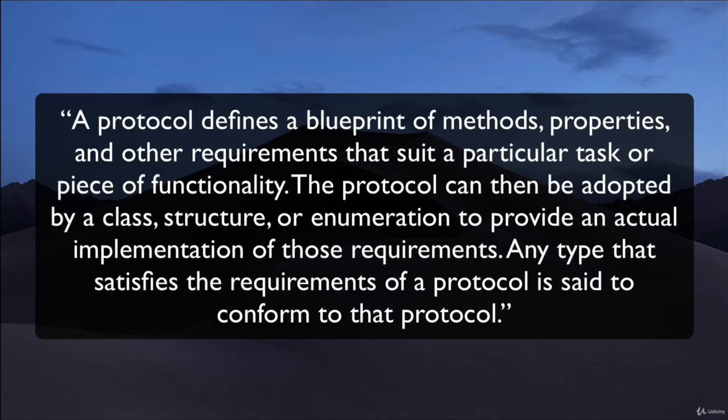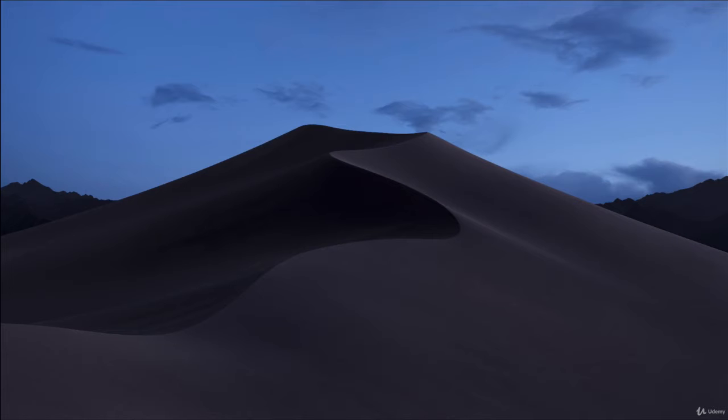The protocol can then be adopted by a class, structure, or enumeration to provide an actual implementation of those requirements. Any type that satisfies the requirements of a protocol is said to conform to that protocol. So a protocol is a set of methods, properties, and requirements that tells another class what they need to implement. Now it's important to know that a protocol doesn't tell the delegated class what to do with the information that is delegated to them.